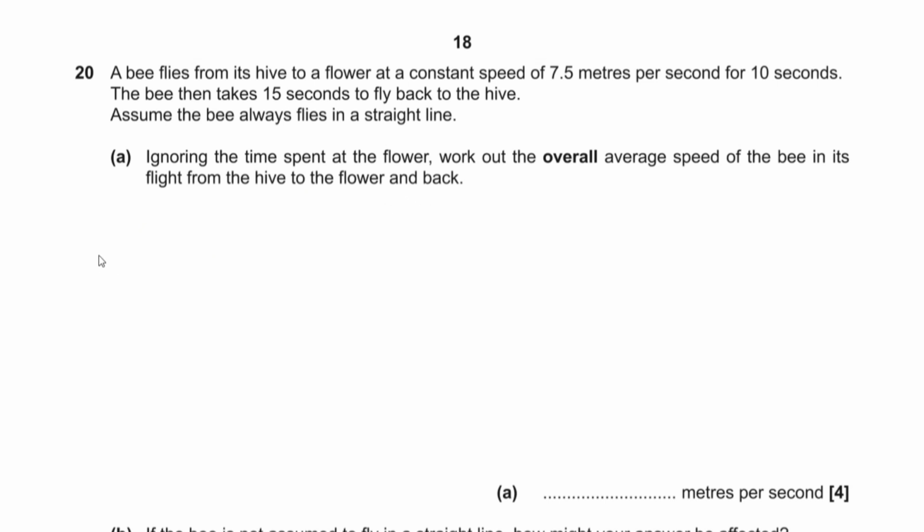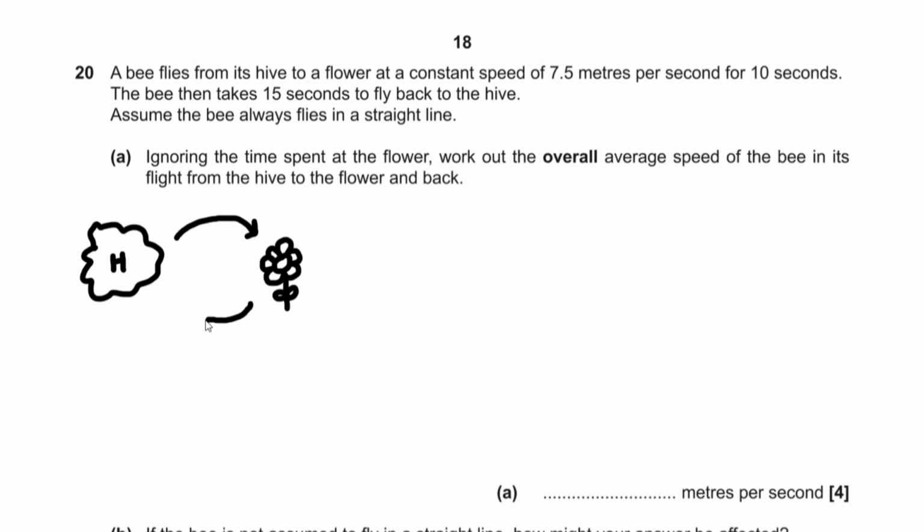So, we have over here the beehive. We'll call it H. And then we've got a flower. We've got the distance to the flower from the hive, which is the same as the distance from the flower to the hive.